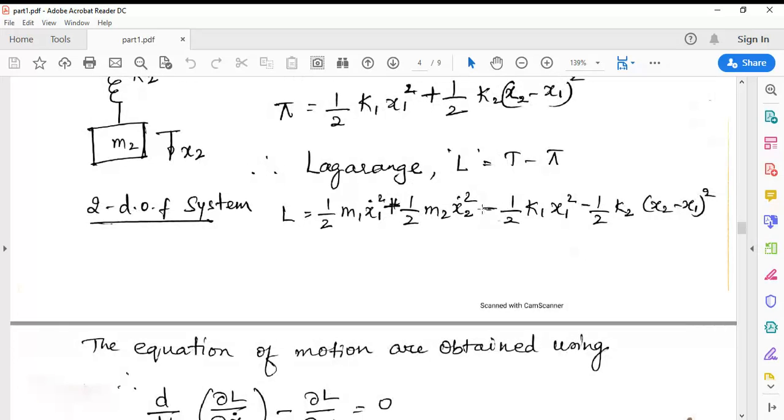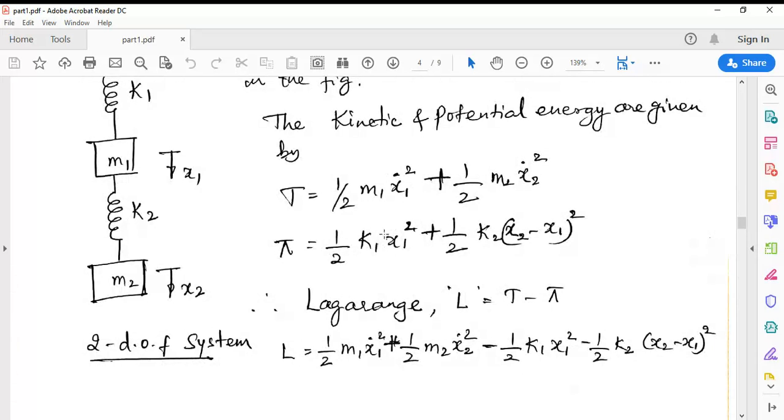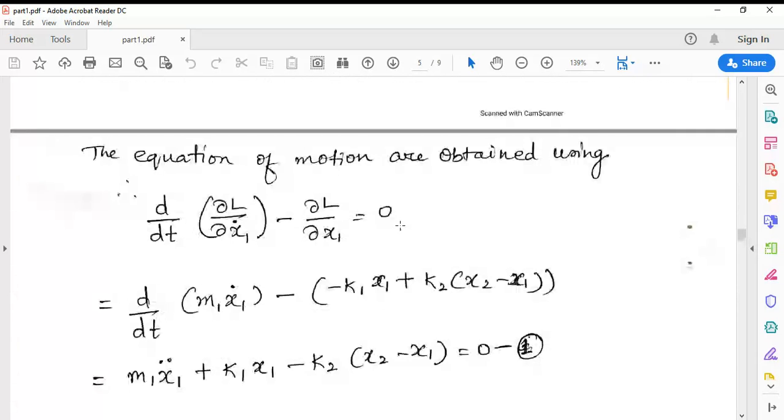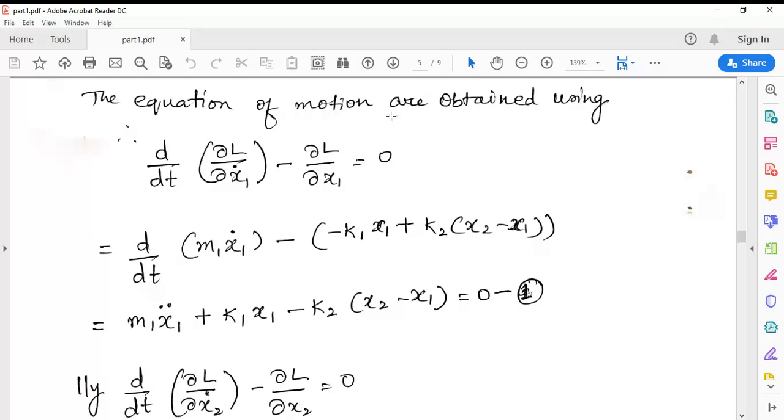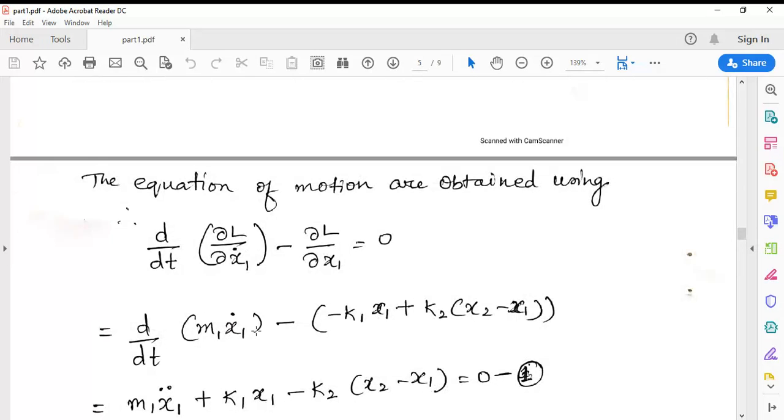Substituting in the Lagrange expression, we get this particular term, from the previous kinetic and potential energy expressions. Now once you substitute in the variational equation of motion, what is d by dt of del L by del x1 dot? Del L by del x1 dot gives m1 x1 dot.